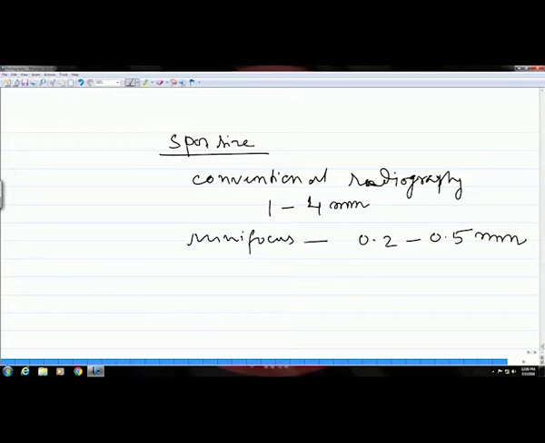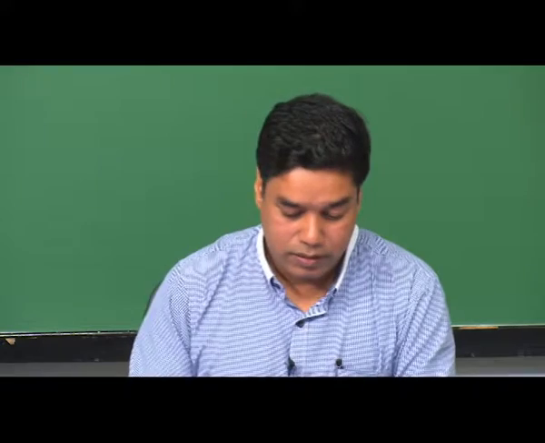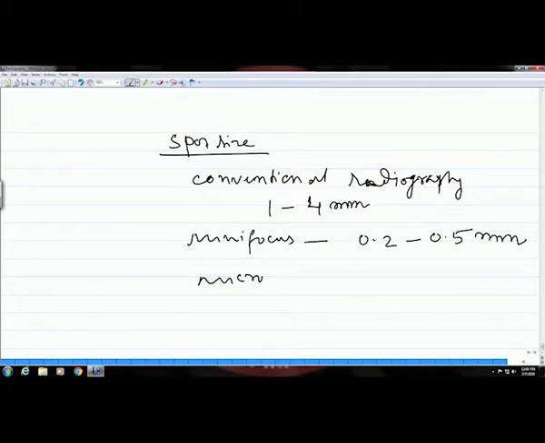If you want to go further down and want to get a source which is almost like a point source, in that case you need to go for a micro focus unit, where the spot size is in the micron range from 1 to 50 micron.